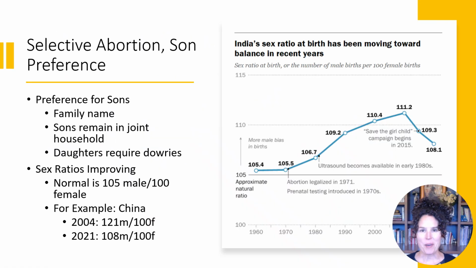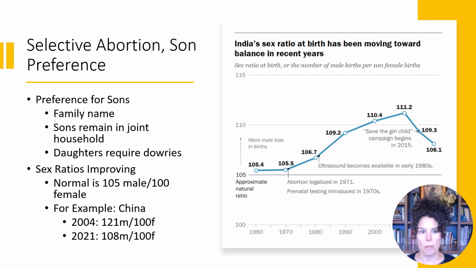All right, let's talk for a minute about a more difficult topic, selective abortion and son preference, also called daughter aversion, which has been historically common in parts of Asia like China, India, South Korea. And the reason for the preference for sons and maybe selectively aborting daughters is that sons carry on the family name.